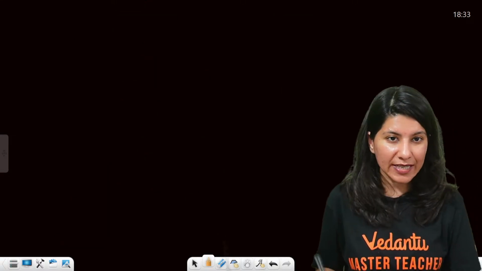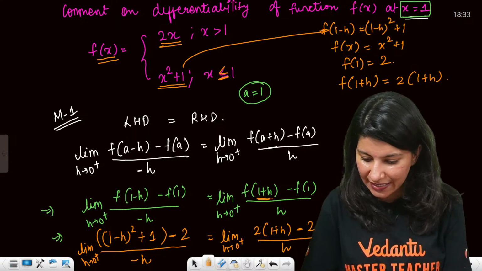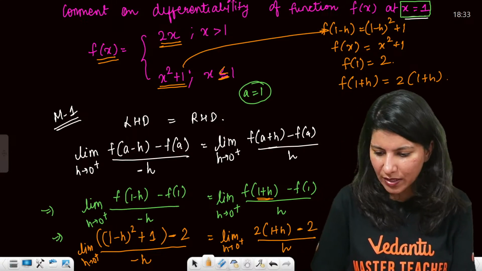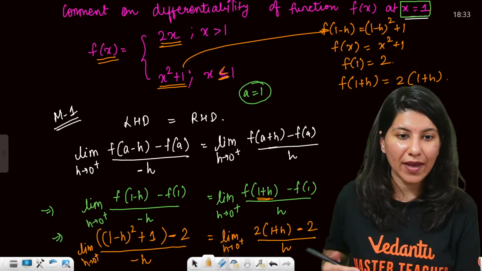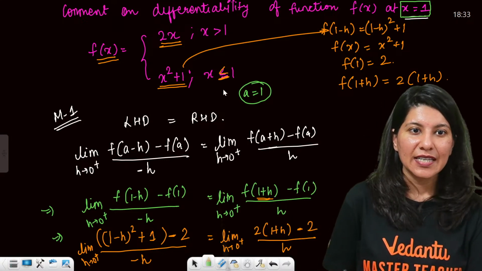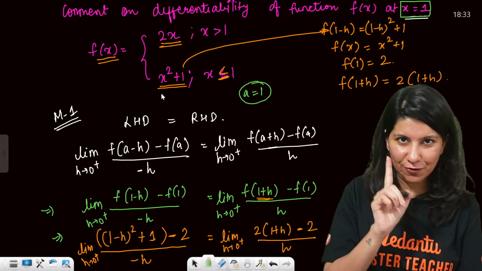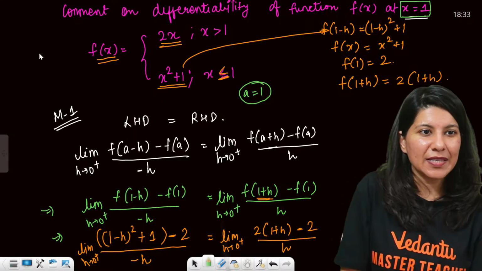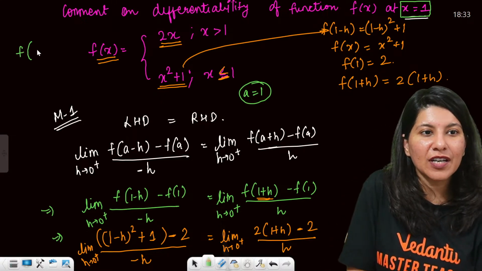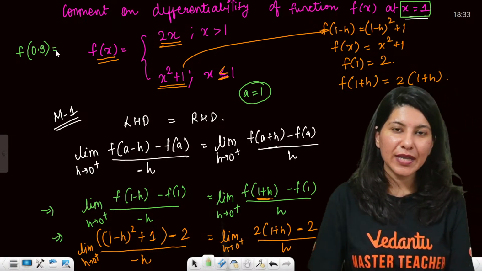Now let me just take some of your doubts, because I can see Abhishek is asking, ma'am, how 1 minus h whole square? Okay, so just tell me, Abhishek, one question from you. If you have to figure out the value of f of 0.9, how will you calculate it?